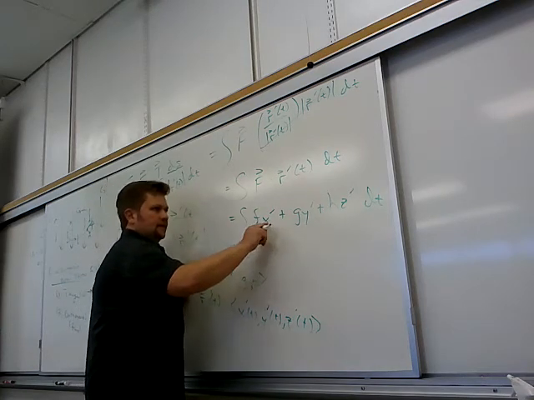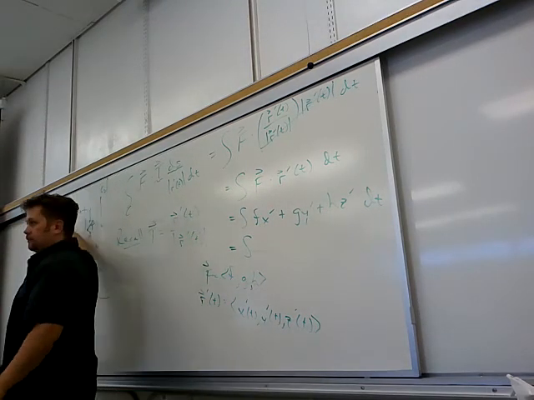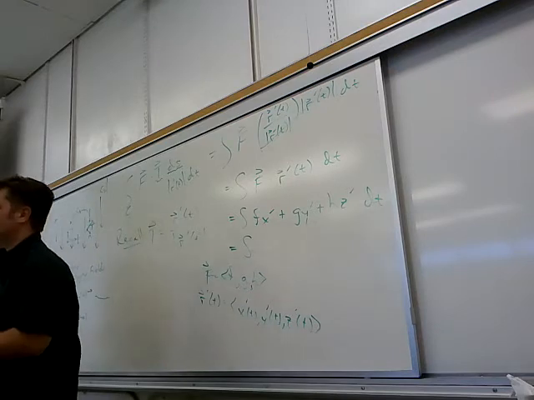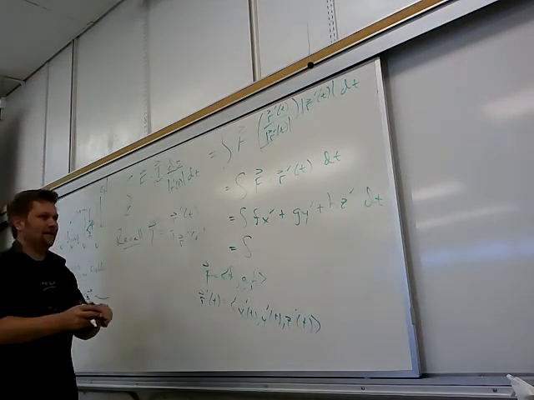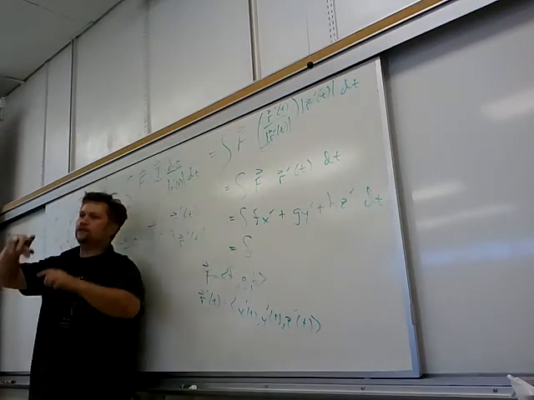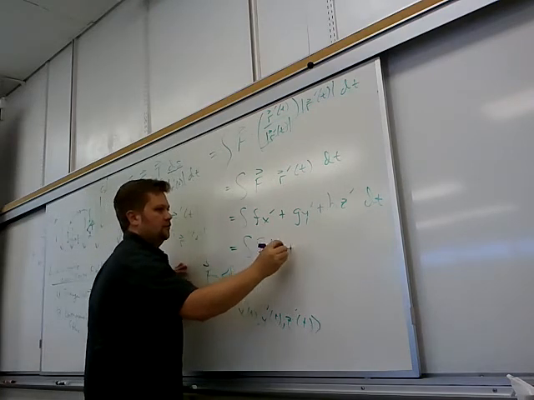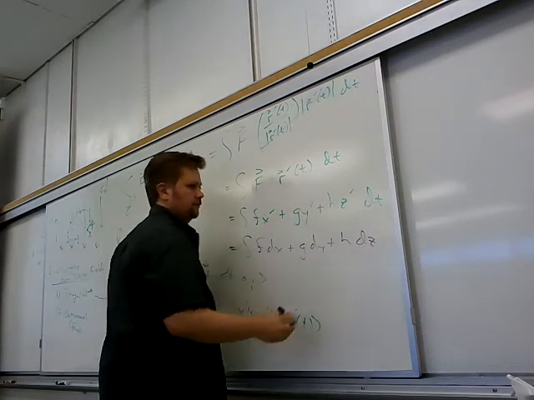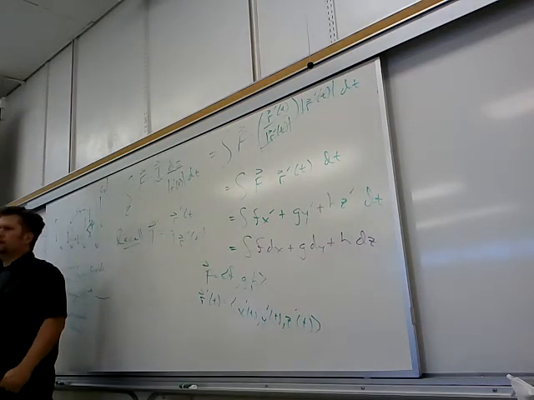If this is dx dt, dy dt, dz dt, don't all the dt's go away? Yes. So I have f dx plus g dy plus h dz. Okay. Which again is just as clear as mud.